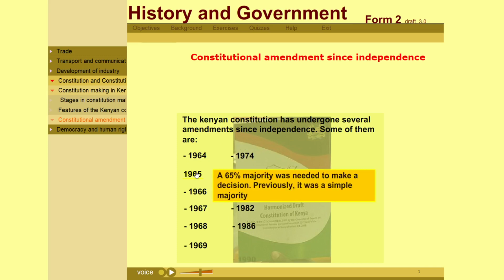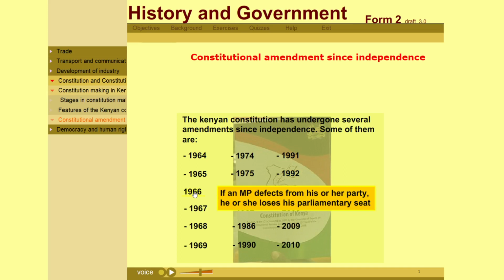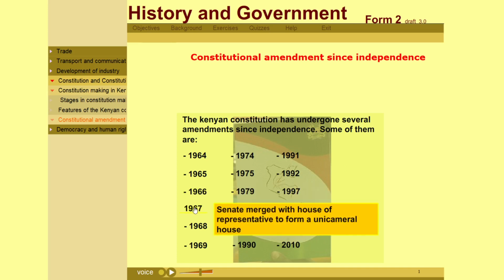A 65% majority was needed to make a decision, previously it was a simple majority, in 1965. If an MP defects from his or her party, he or she loses his parliamentary seat, in 1966. The Senate merged with the House of Representatives to form a unicameral house in 1967.